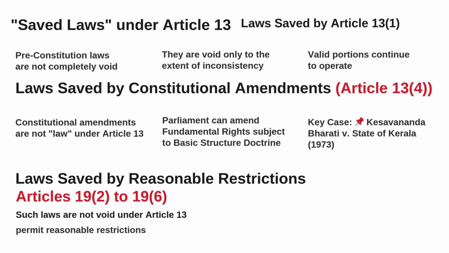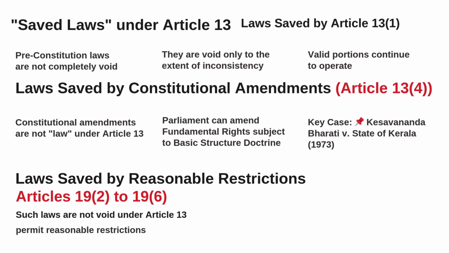Then we have laws saved by reasonable restrictions. Article 19(2) and 19(6) allow reasonable restrictions. That means not every restriction imposed on a fundamental right is unconstitutional. Reasonable restrictions can be made even to fundamental rights, and this reasonableness is judged by the courts.